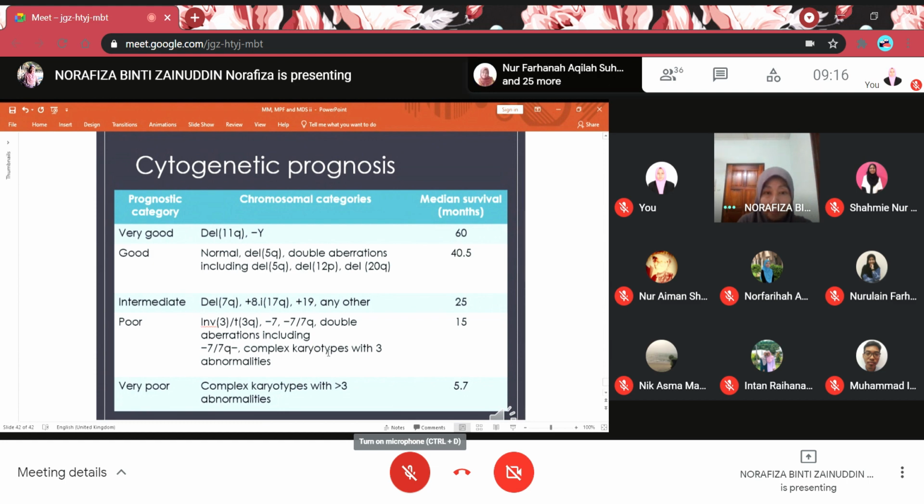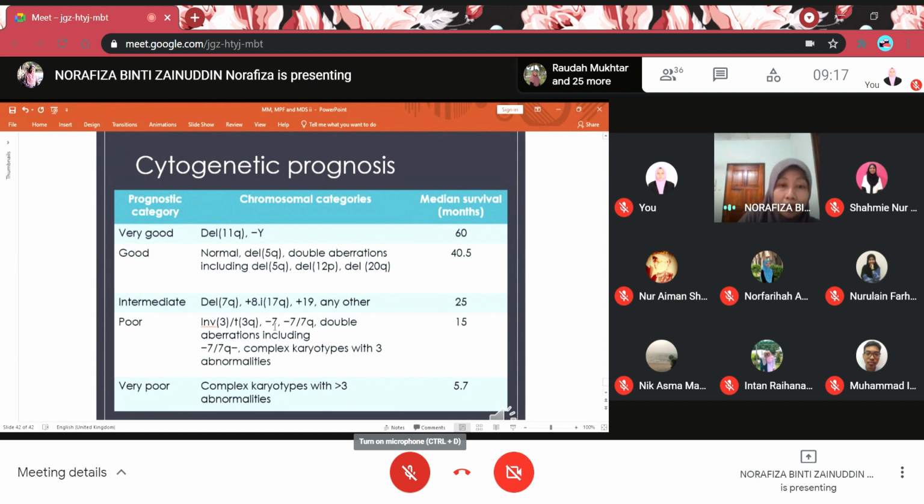Faham complex karyotypes maknanya karyotype kita tu ada berapa kromosom semua sekali? 46. So complex karyotypes with more than 3 abnormalities maknanya karyotype itu akan show more than 3 abnormalities.